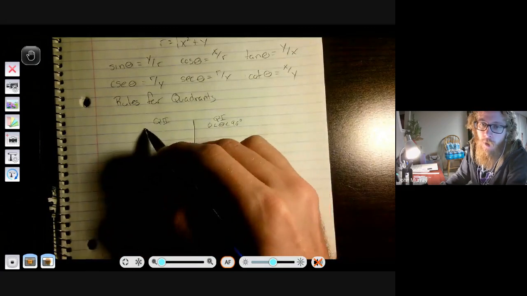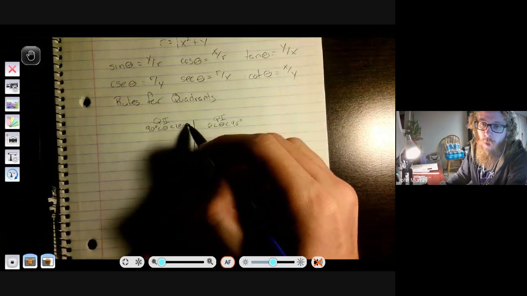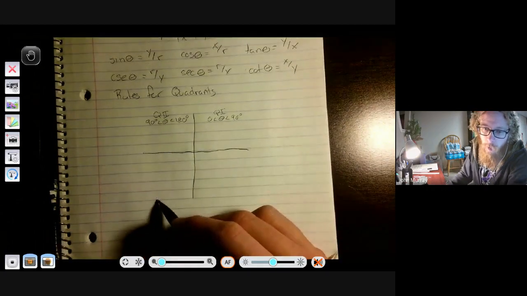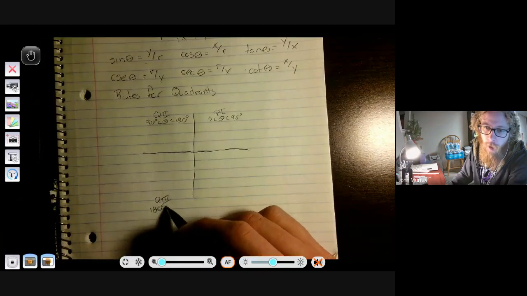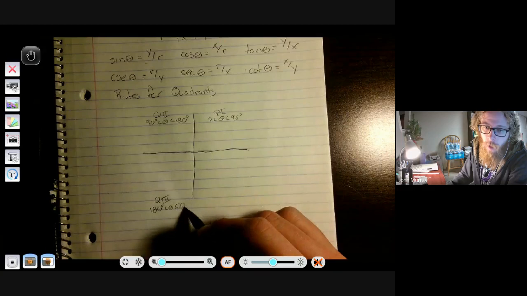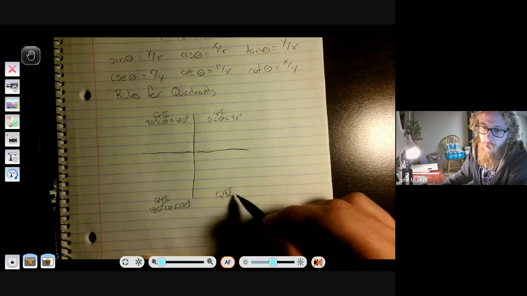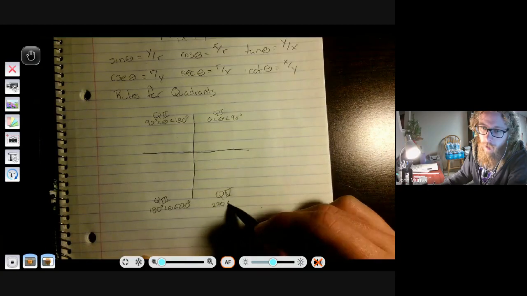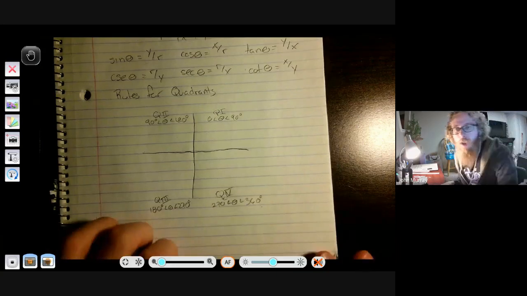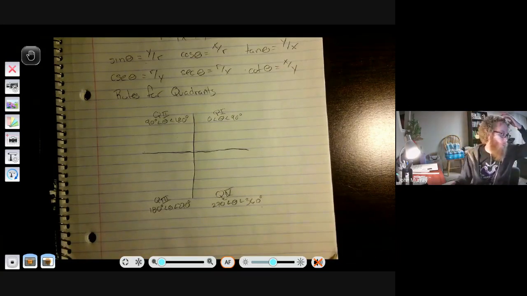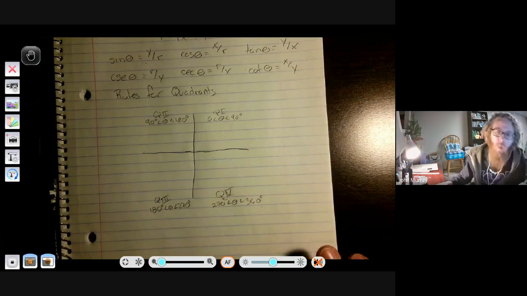Here we have quadrant 2, between 90 degrees and 180 degrees. Down here we're going to have quadrant 3, between 180 and 270. And here we have quadrant 4, between 270 and 360. And obviously we have the radian rule as well, but I don't have enough room to write all that.